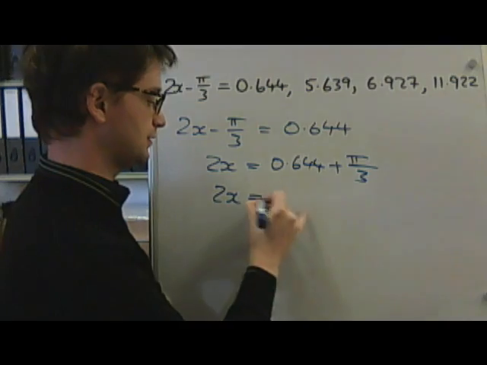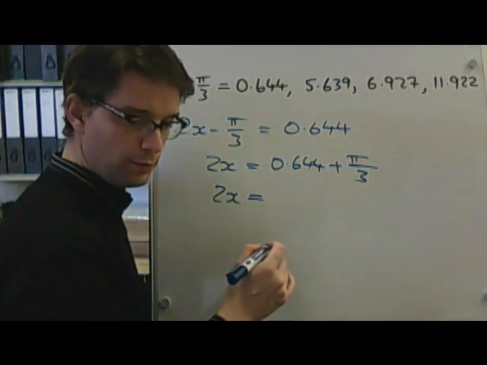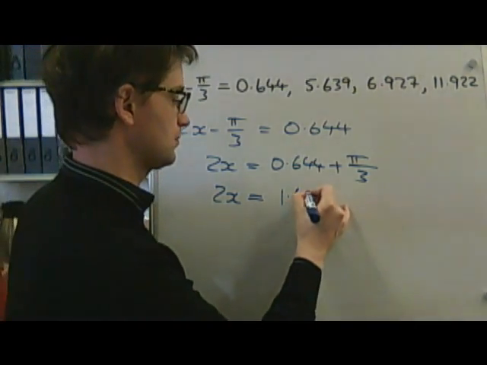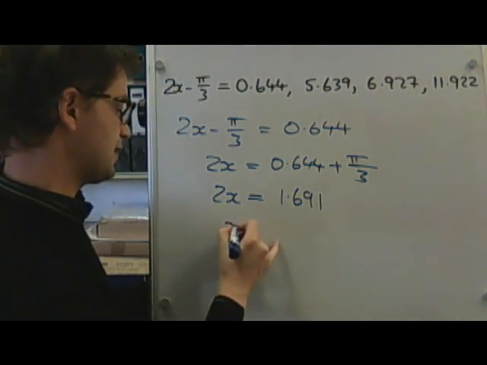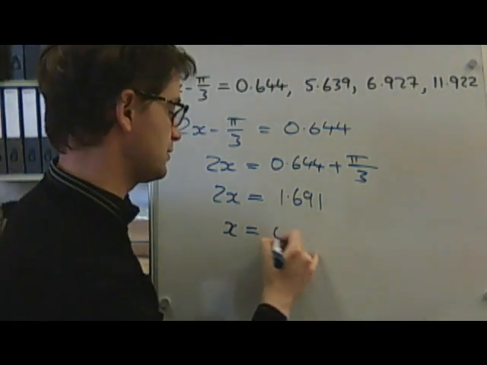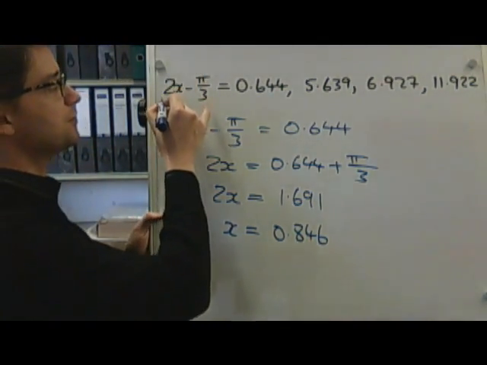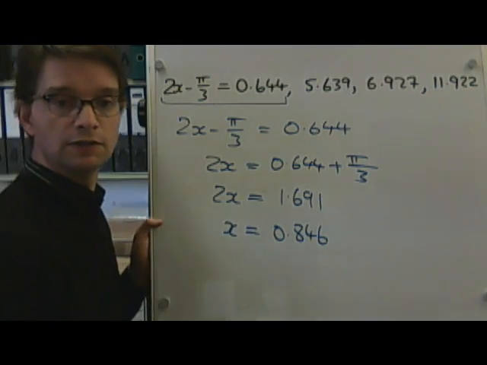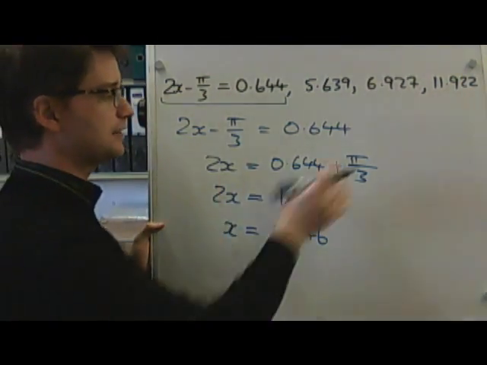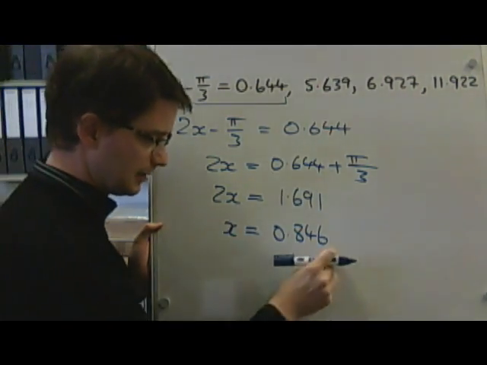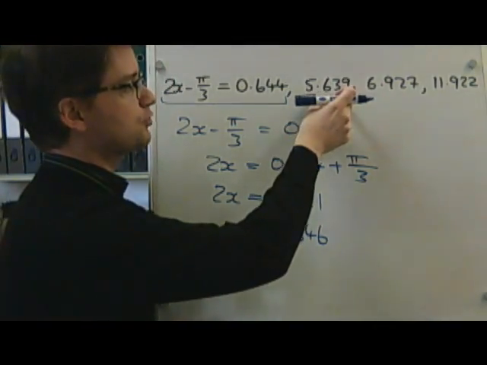So 2x equals 1.691, I think. And then so x, I can divide that by 2, and I get 0.846. So I've just taken this first one here. I'm doing this little solving the linear equation, add pi by 3, divide by 2, gives me the value for x. My job is now to do that for each one of these.